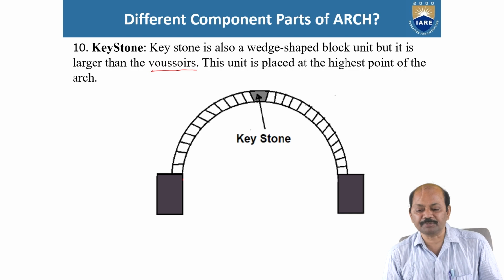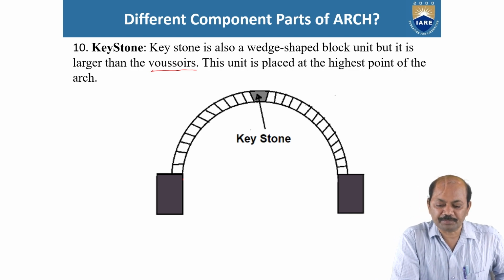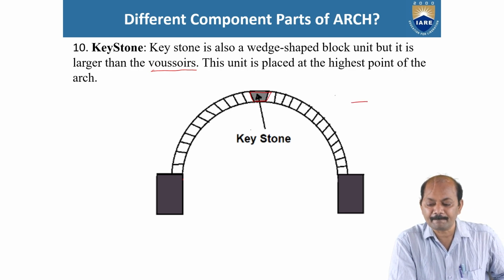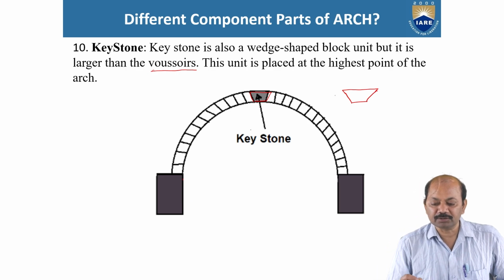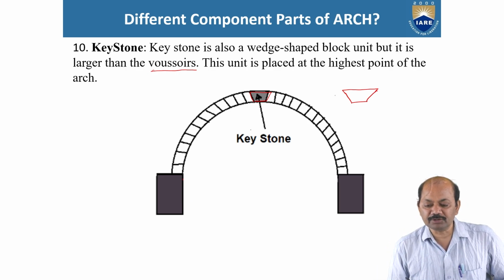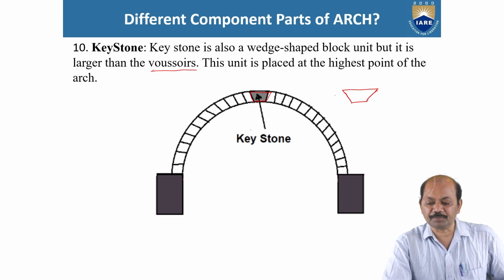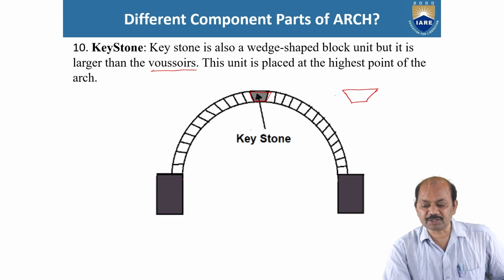Keystone is also a wedge-shaped block unit. See, the shape is a wedge shape. Right? This unit is placed at the highest point of the arch. During construction, the last step in the construction of the arch is the placement of this keystone.